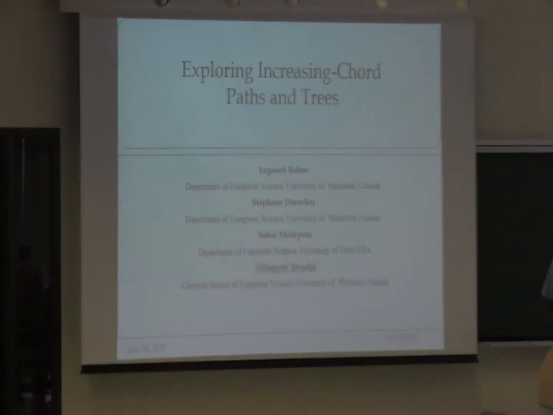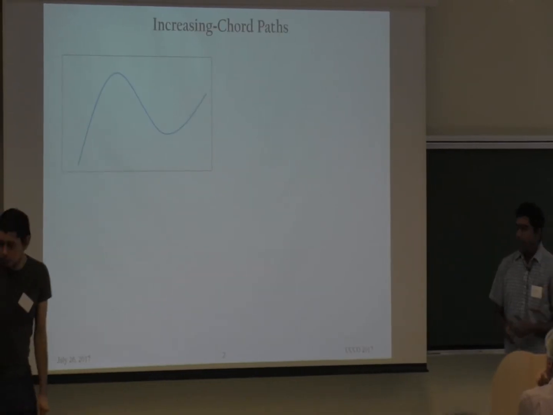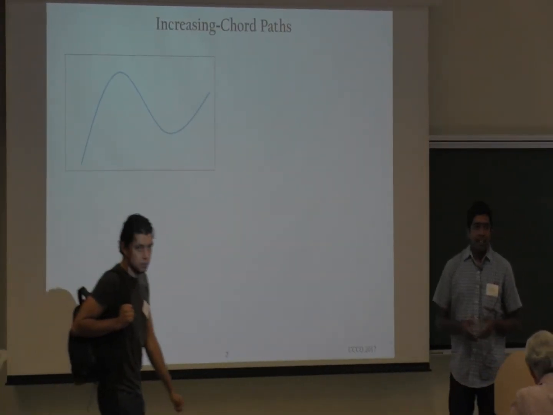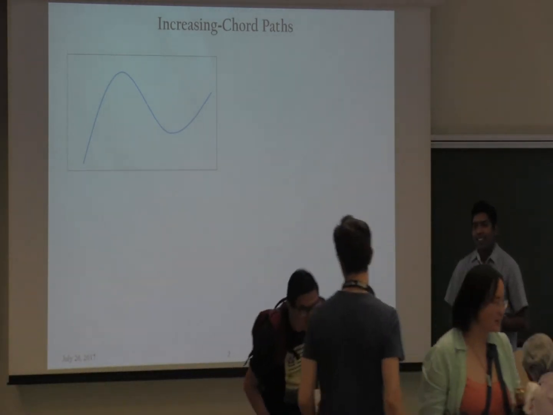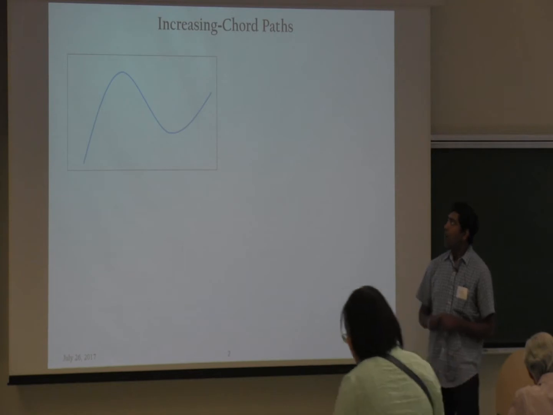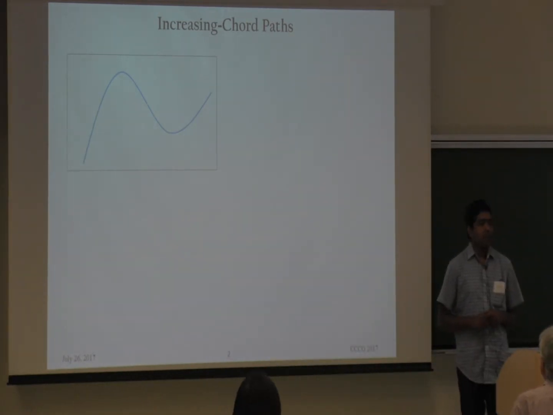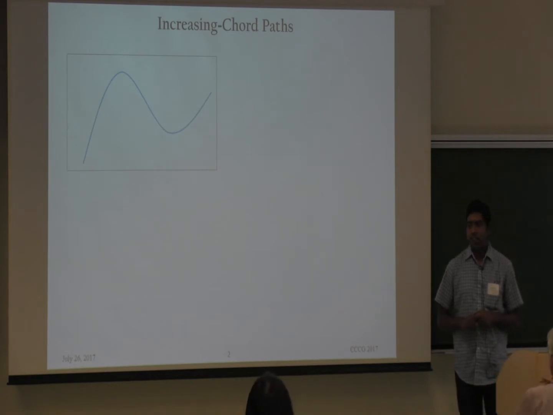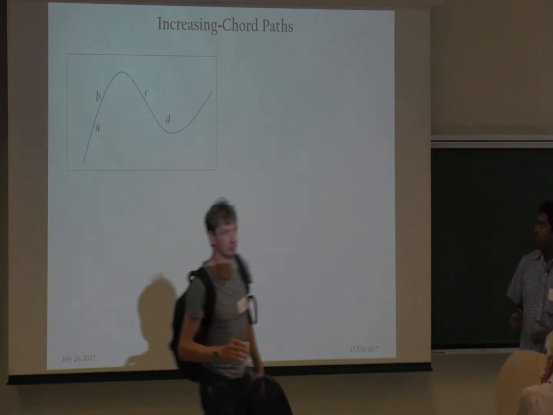So, let us start with the definition of increasing-chord paths. I want to show you an example of a path, and then I will define what I mean by increasing-chord. I choose any 4 points A, B, C, D in this order on the path.